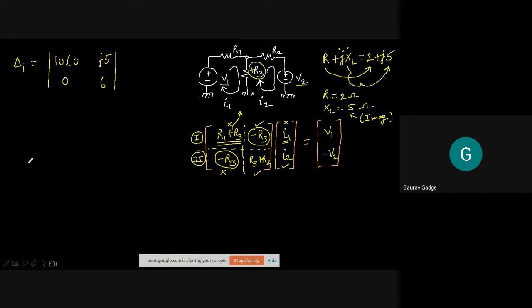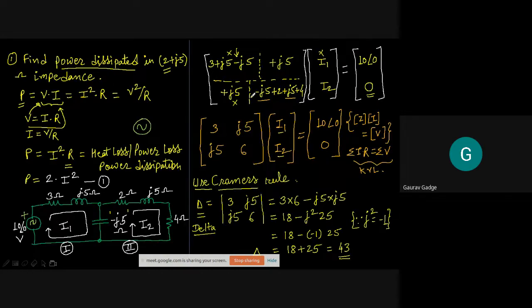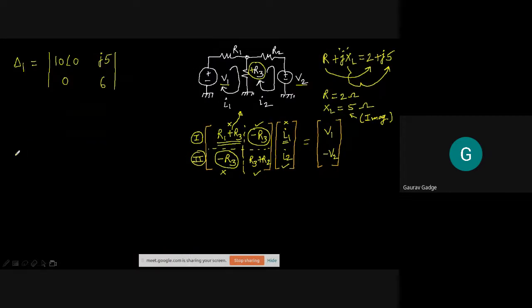Now in a similar way, when you have to find I2, this J5 term and this term belong to I2. These are two terms: J5 and minus J5 plus 2, J5 plus 4 belong to I2. To find that, you have to find delta 2.